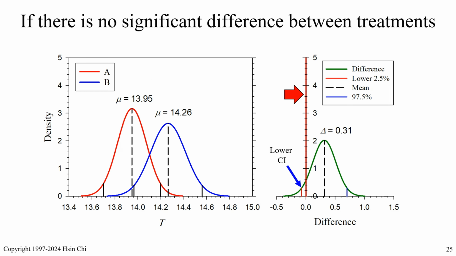However, if there is no significant difference between two treatments, the bootstrap estimates of the two treatments will overlap, with the red zero line located to the right of the lower confidence limit. In other words, the confidence interval of 100,000 differences includes the zero line.